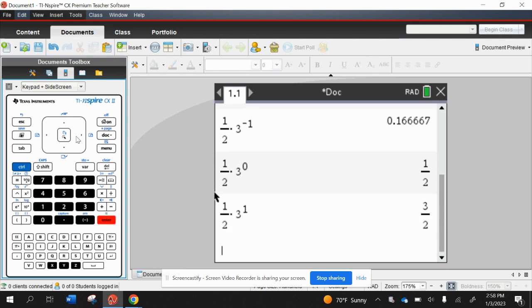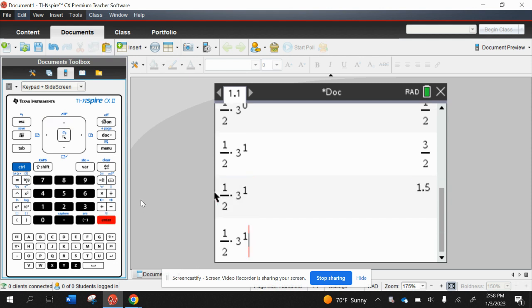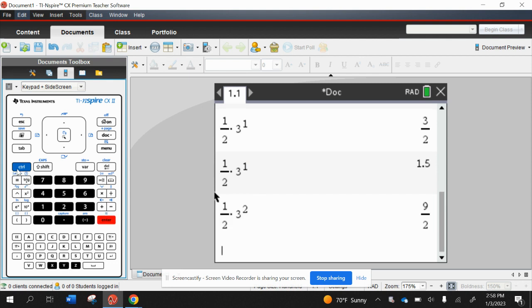So that's 3 divided by 2. Control Enter gives us our decimal. And then the last one, highlight, enter, change the 1 to a 2. So that's 9 divided by 2. Control Enter. It's 4.5.